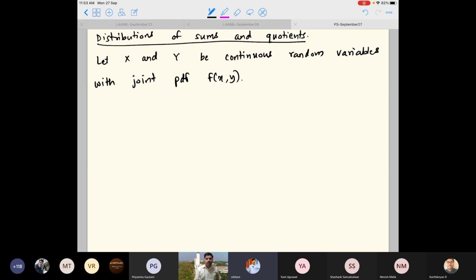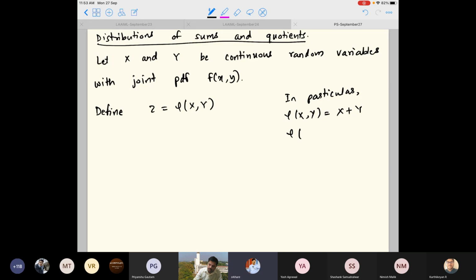Define a new random variable Z as phi of xy. In particular, we are interested in two types: phi of xy equal to x plus y, and phi of xy equal to x divided by y. But in general you can have any transformation phi of xy which gives a new random variable Z.